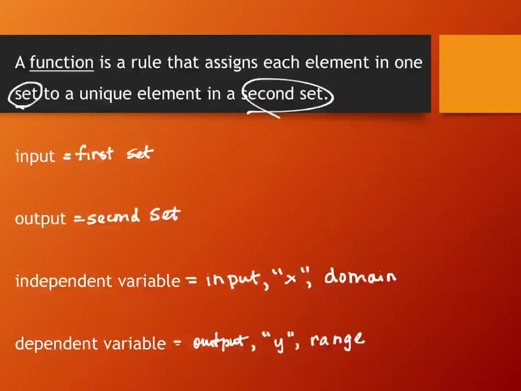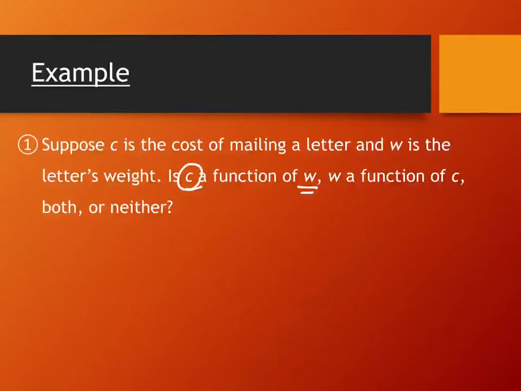A function is defined if we have a single output for the input value. So the first part of this question says, is the cost a function of the weight? Do you have only one cost possible for the weight of your object? And the answer would be no.